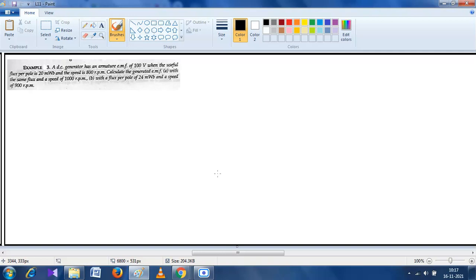Calculate it and tell me the values in both cases. Similar process: first write down which quantities are given, then calculate.